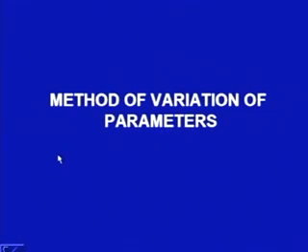Now, let us learn the other method of variation of parameters. Again we will go along similar lines as we have already done in the second order case. First, this method is applicable to all those cases where the method of undetermined coefficients is not applicable.